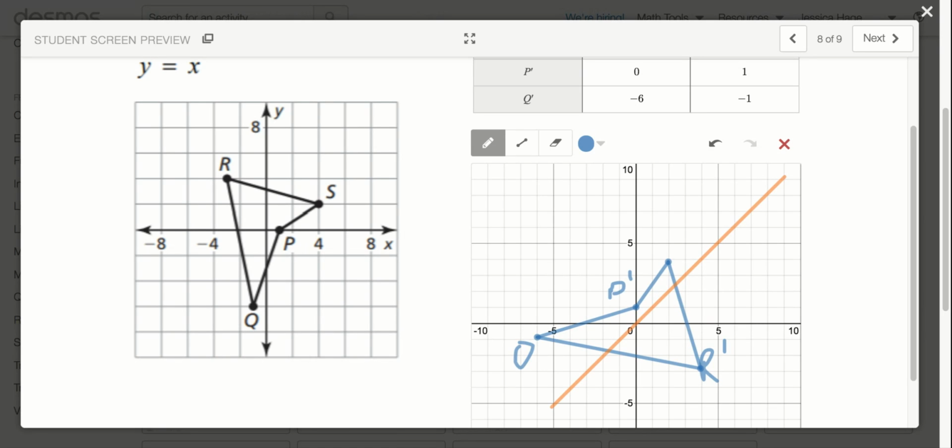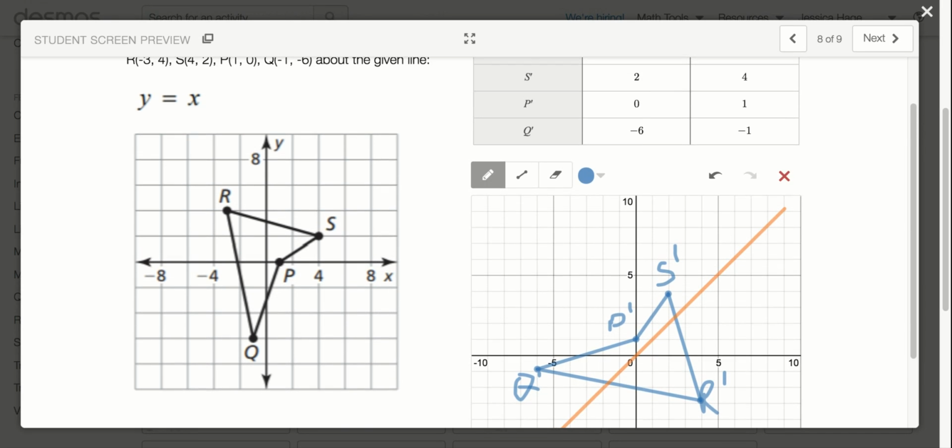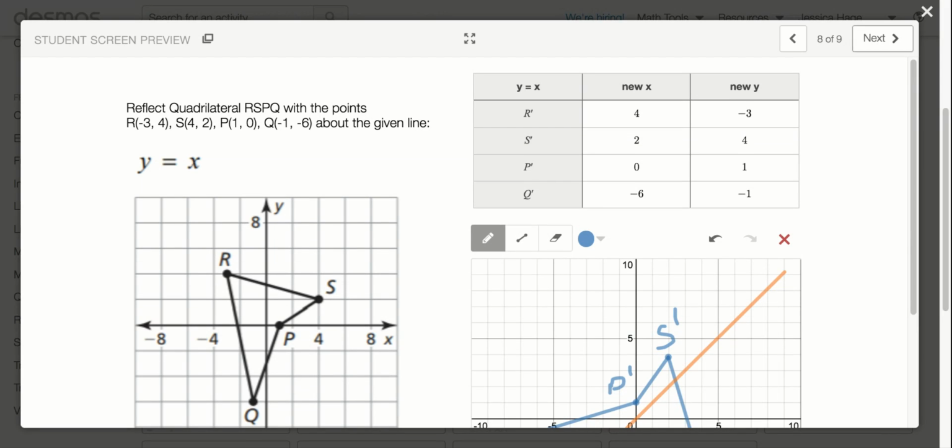And then Q prime is over here because it was down here. And then S prime was over here. So now S prime has moved over here. I'm sorry, S was over here. So now S prime is there. So that is your reflection in y equals x.